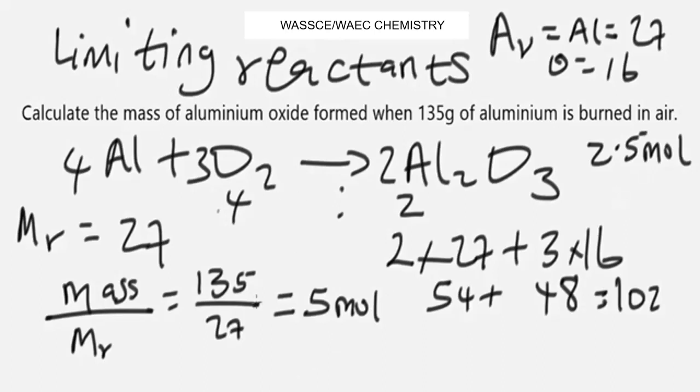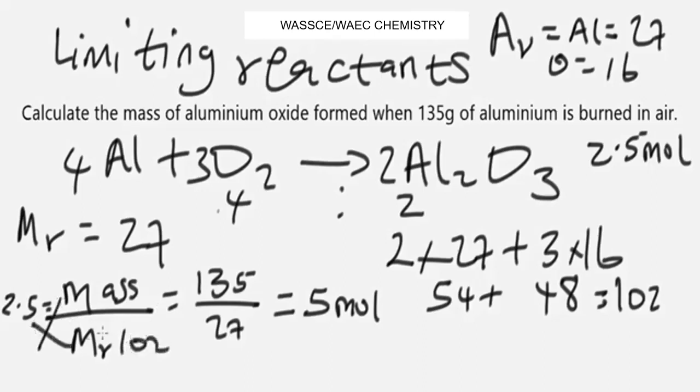But since we are asked to calculate the mass of aluminium oxide formed when 135 gram of aluminium is burned in air, to calculate the mass now, remember our formula for calculating mole is mass over relative formula mass or molar mass. We now have the mole of aluminium oxide to be 2.5 mole, and the molar mass of aluminium oxide we got to be 102.